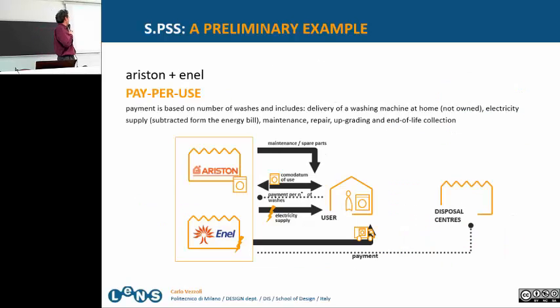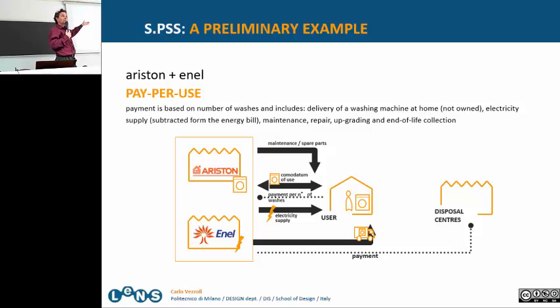Let's go a bit deeper into this offer. So actually, the payment is, as we said, per wash. Anytime I'm washing, I'm paying something. And included in that is the delivery of the washing machine, the electricity that is taken out from the energy bill, the one that is used by the washing machine.